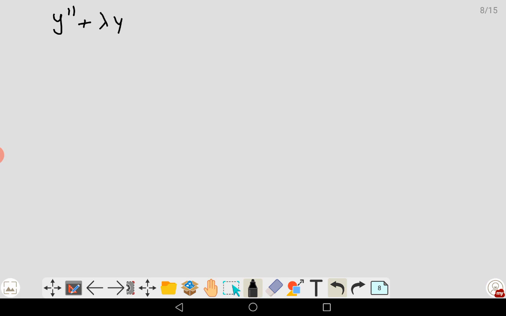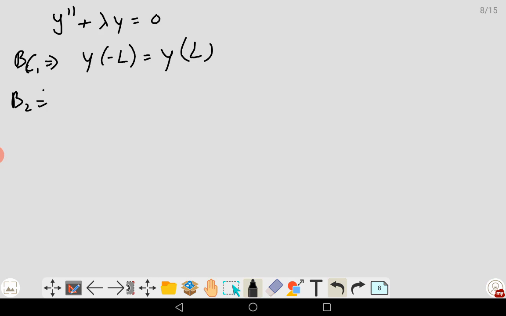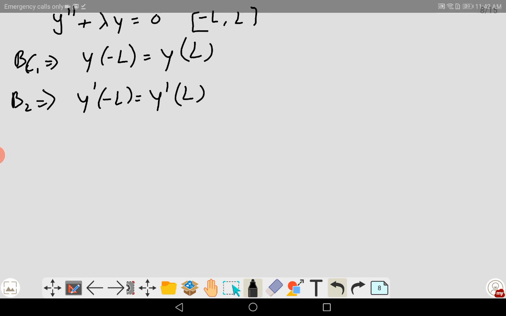Y double dash plus lambda y is equal to 0, and boundary condition 1, BC1, is y of minus L is equal to y of L. The second boundary condition has been given as y prime of minus L is equal to y prime of L. So the boundary is minus L to positive L, in the closed interval, everything is going on, right?